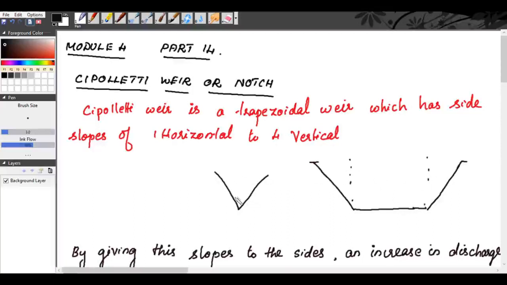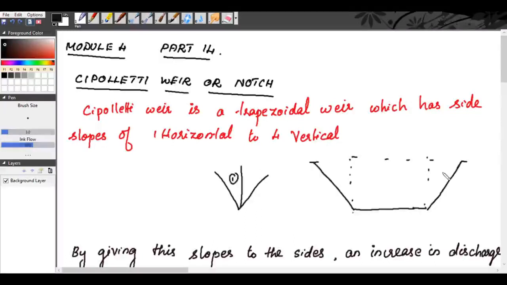This is one half of the V notch, this is another half of the V notch. So this trapezoidal weir or notch is a combination of a rectangular part and a V notch.